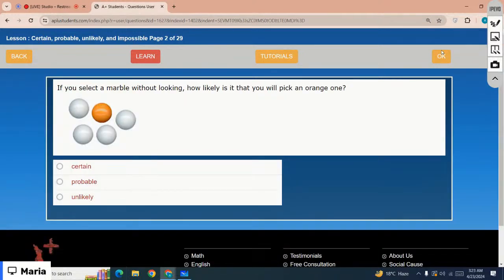If you select a marble without looking, how likely is it that you will pick an orange one? Which is the correct option?